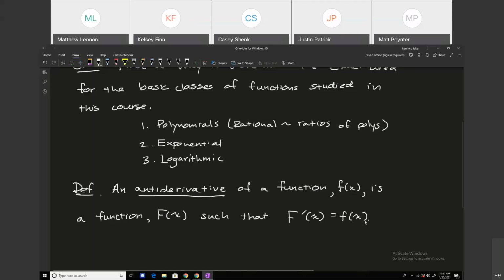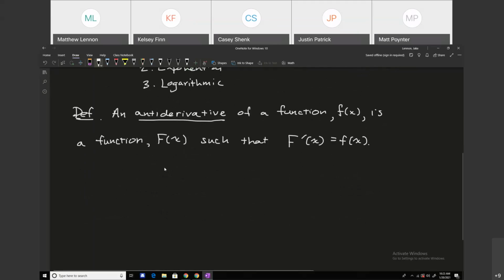Okay, so it's not just taking the derivative, it's thinking of a function such that when you take the derivative, you actually get the function in question. So in some sense, it's really going backwards, if that makes sense. Maybe if we do a diagram, that would help. If you have this capital F of x and you take the derivative, you would get this little f of x, and then if you take the derivative of that, you would get f prime of x.